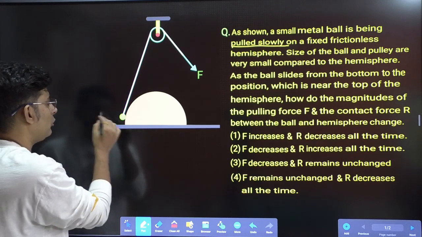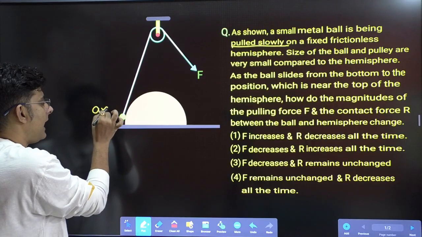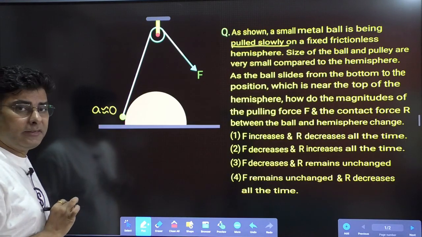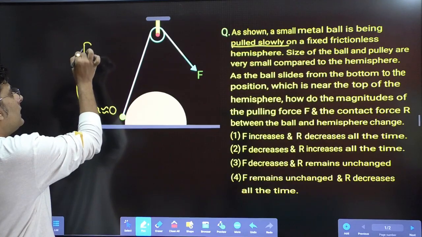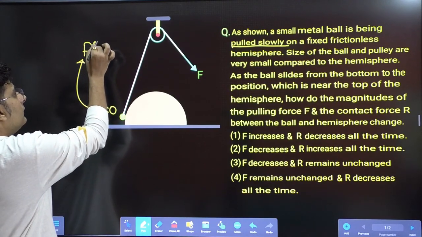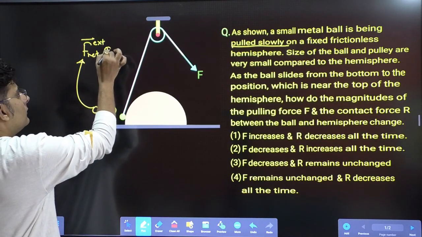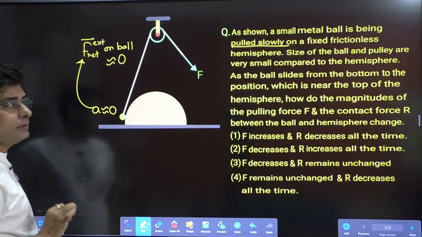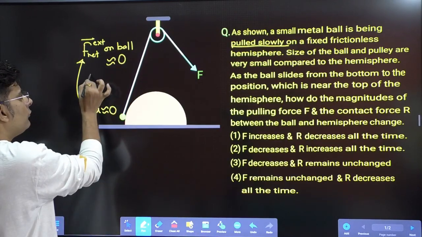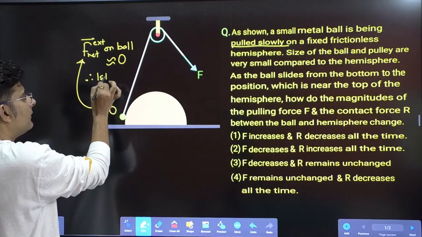It is not changing. So in such a case the acceleration of the ball will be approximately 0. So if the acceleration of the ball is approximately 0, we can say the net external force on the ball will be taken almost 0. So we can say it is a case of first law.